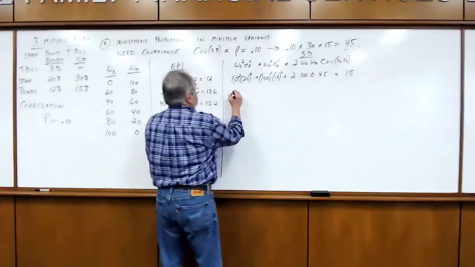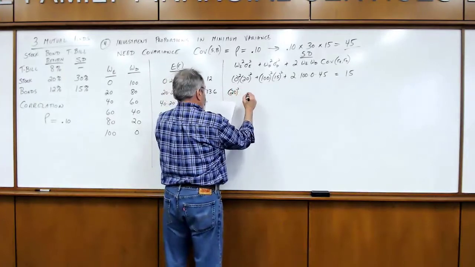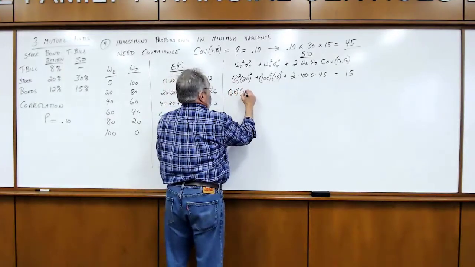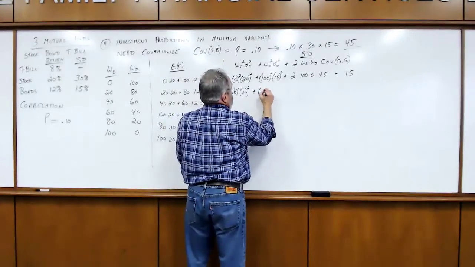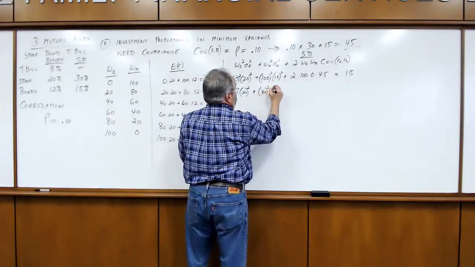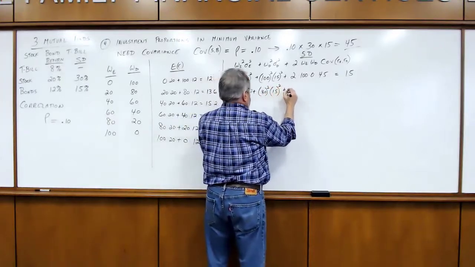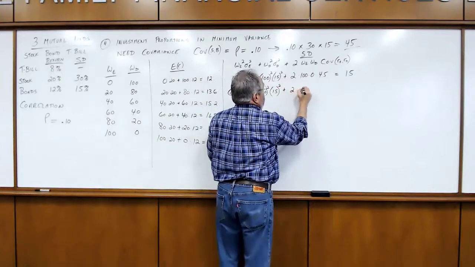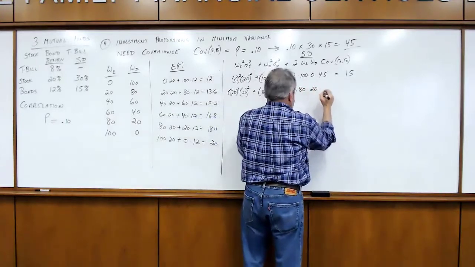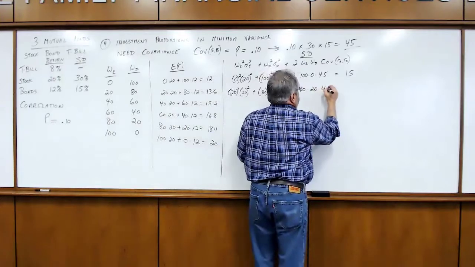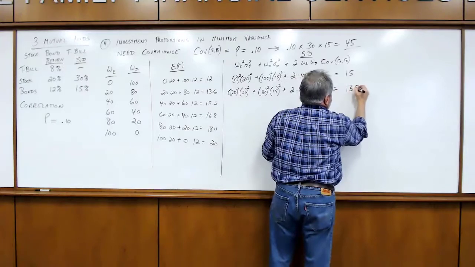We'll do another one. 20 squared, 20 squared, 80 squared, 15 squared, 2, 80, 20, 45, 13.94.